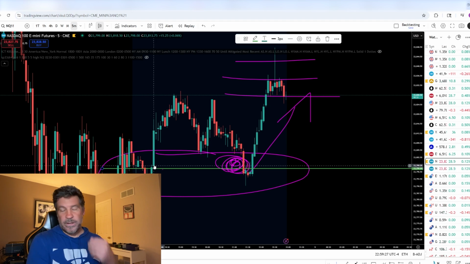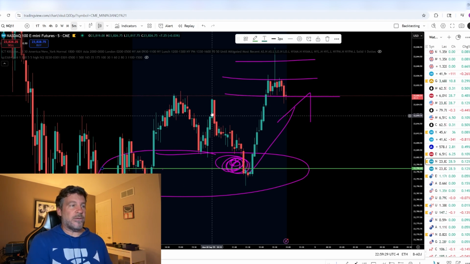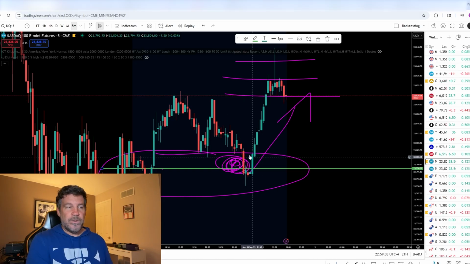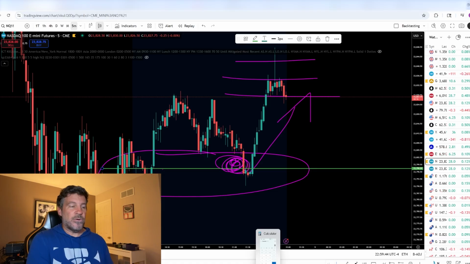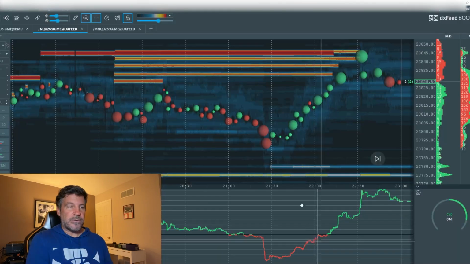So what this told me was, as price was moving down into this area, I'm looking for some kind of confluence to tell me, hey, price is ready to go up and bounce, and potentially get those levels on Bookmap as seen right here.